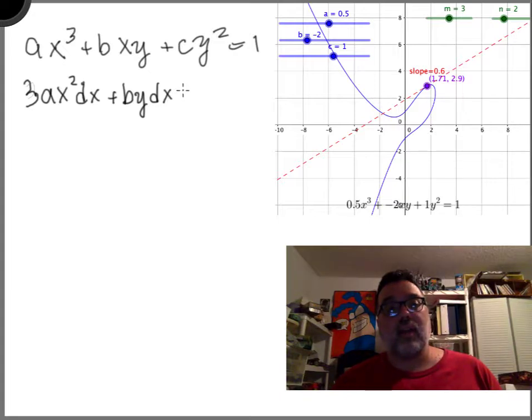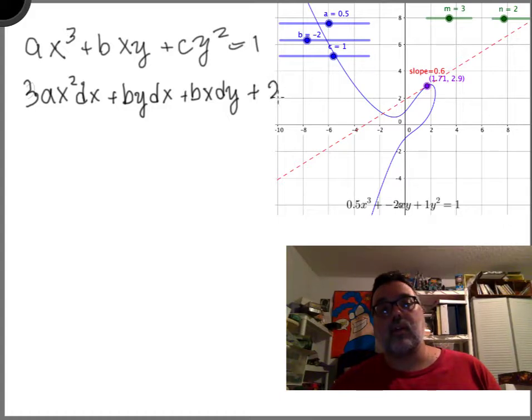And then we've got the other term, which is going to be bx times the derivative of y, which is 1 dy. And then this last term is going to be 2cy with the dy. And it's equal to the derivative of 1, which in our case here is 0.